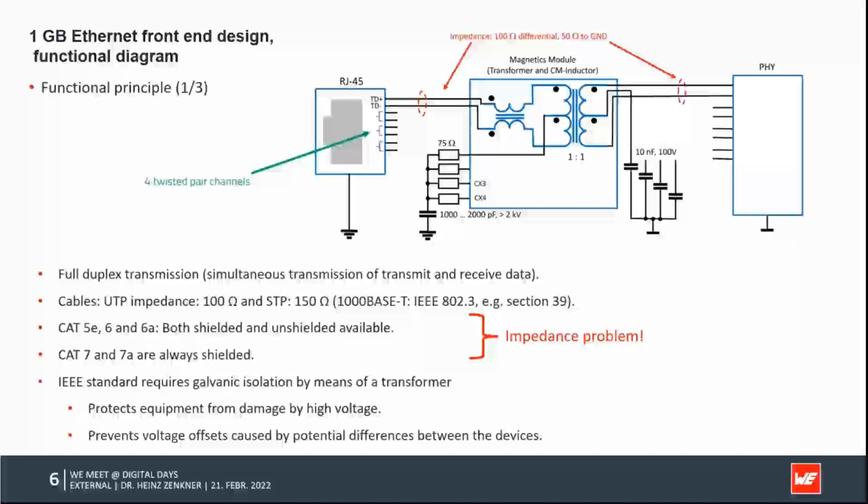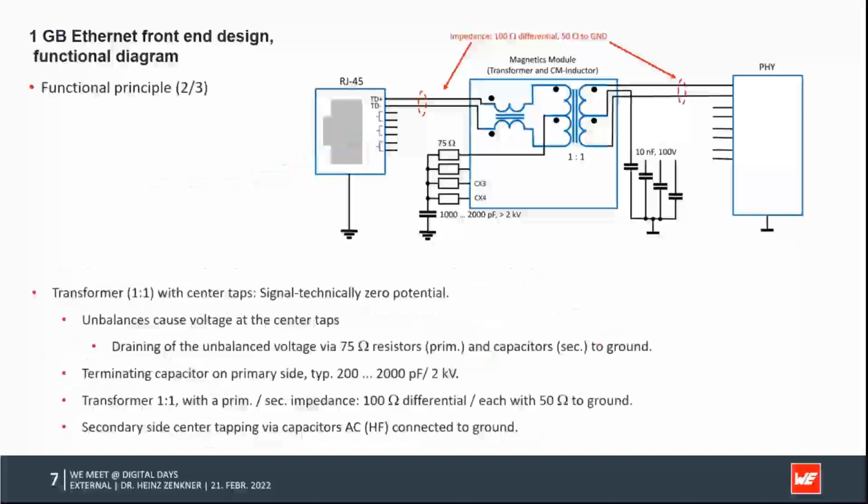So the next issue is that the transformer normally has an impedance between primary and secondary of 100 ohm differential, which means if we have a center tap here, 50 ohms between the center tap and the one part of the signal and 50 ohms to the other part of the signal. It is symmetrical, so 50 ohms to the ground and 100 ohms differential.